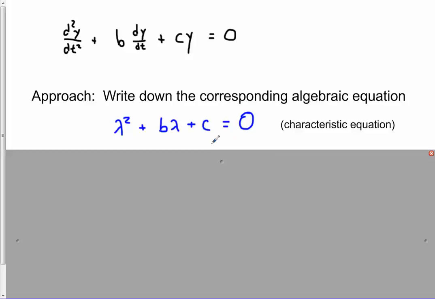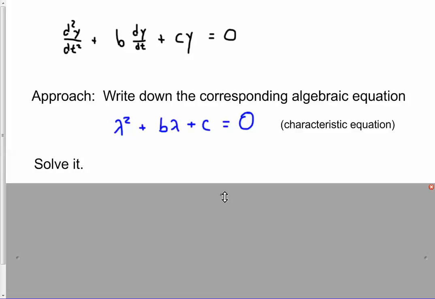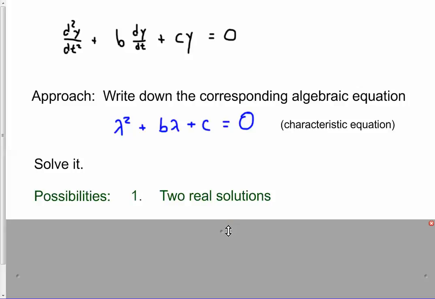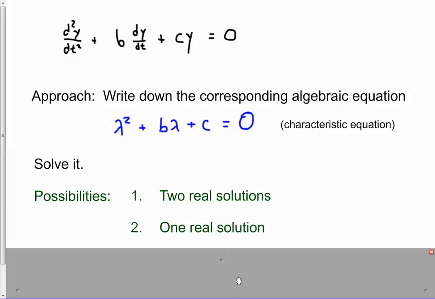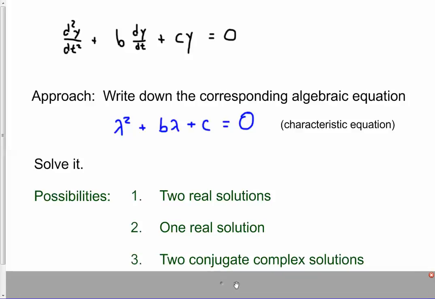Okay, and you solve this. It's a quadratic, so you can either factor or use the quadratic formula. And as we know, there are 3 different ways that the solutions of a quadratic could come out. You can have 2 real solutions, you can have 1 real solution, or you can have 2 complex number solutions. And those complex number solutions are going to be conjugates.